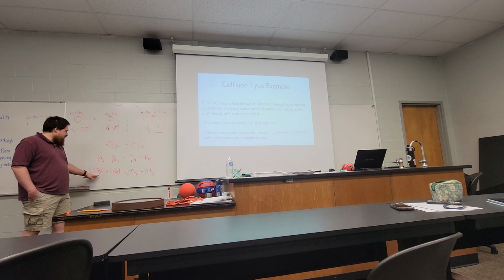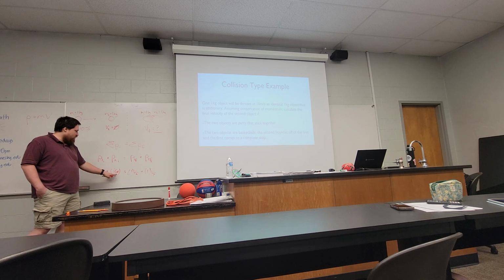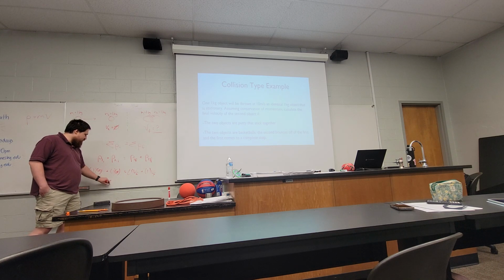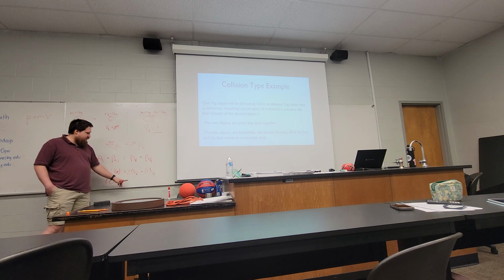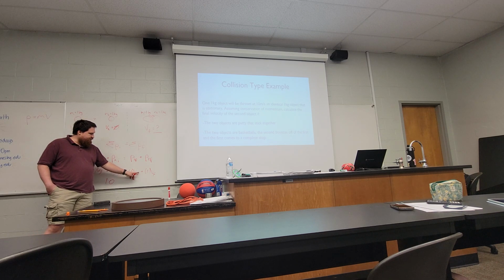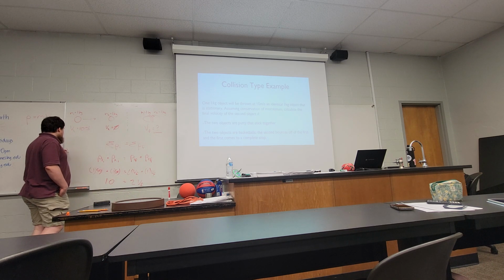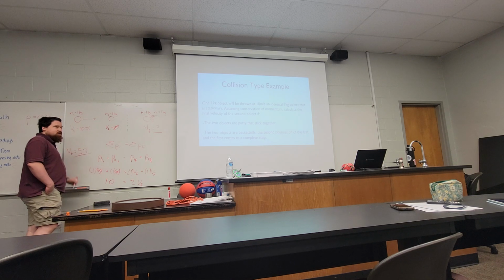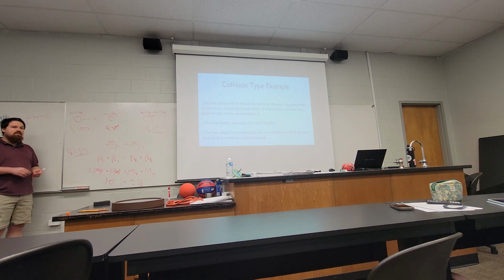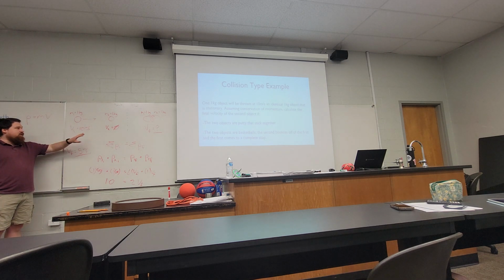All right. Left side, 1 times 10 is 10, 1 times 0 is 0, so the left side is just going to become 10. Right side, we got 1 VF plus 1 VF, which is just 2 VF. And so, in this version of events, the shared final velocity is 5 meters per second. They fuse together, they're now sharing the original 10 units of momentum.